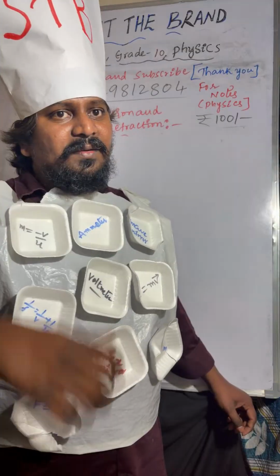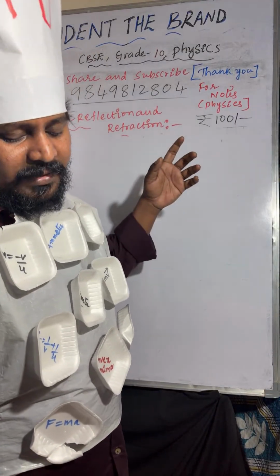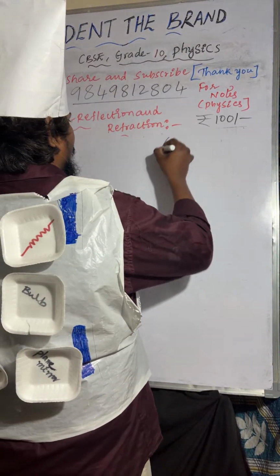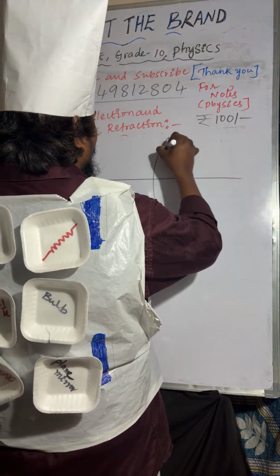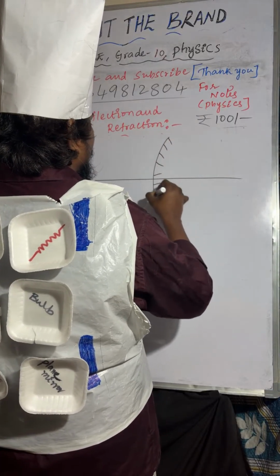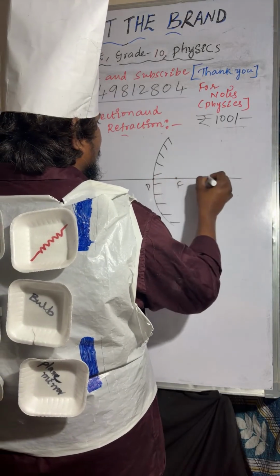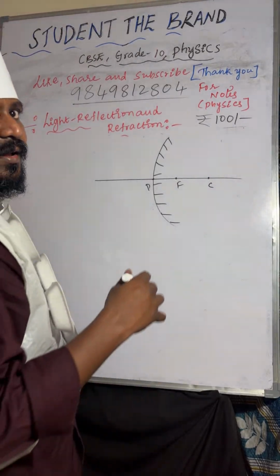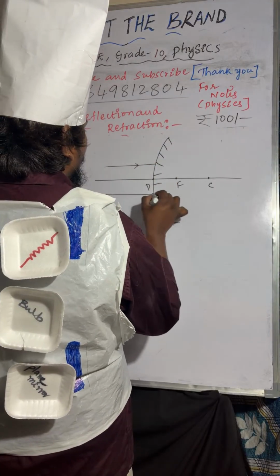Okay, thank you. So now convex mirror; concave mirror is already completed. Now we will take convex mirror. This is the pole, focus and center of curvature. One light ray I am taking like this, and another light ray like this.